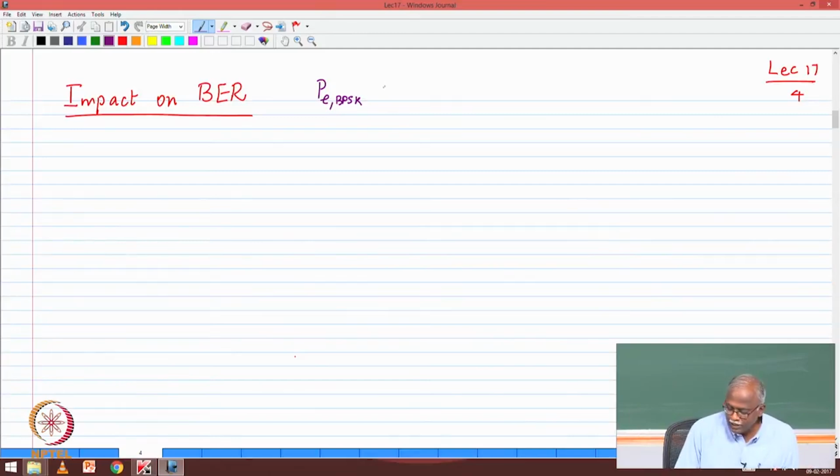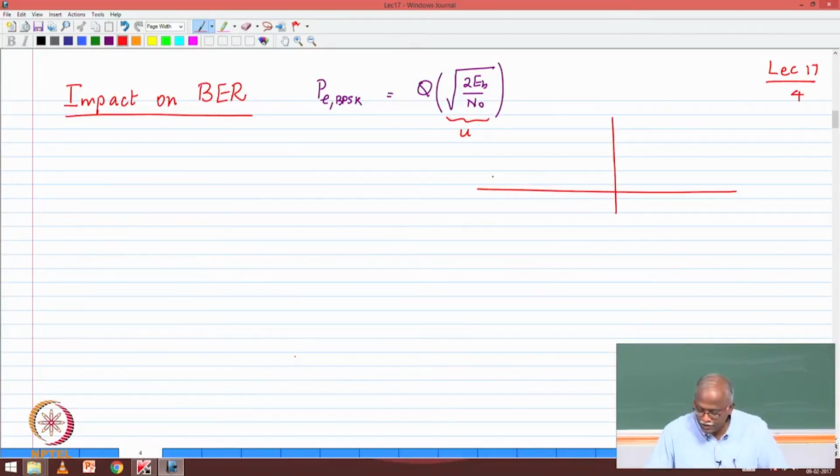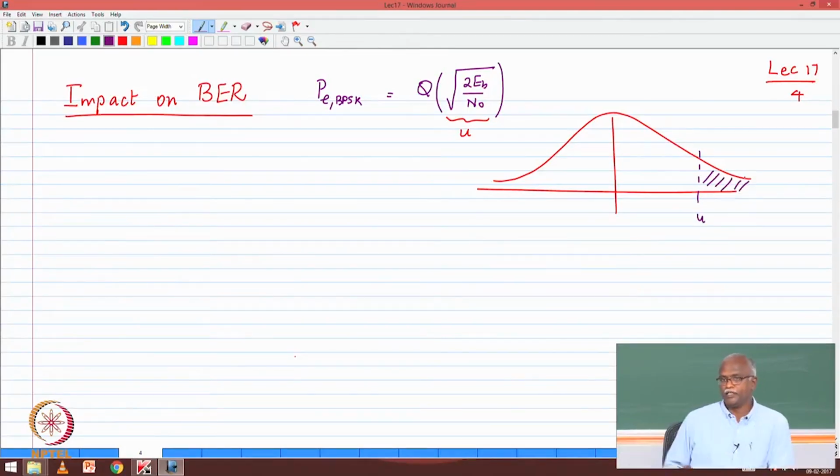So the probability of error in BPSK in AWGN, a result that you are familiar with, is Q of the square root of 2 times Eb by N naught. If we call this parameter U, this is the complementary error function. So basically we are looking at a Gaussian, looking for this threshold U, and trying to get the integral in that region of the Gaussian.